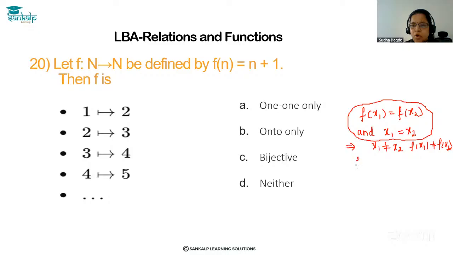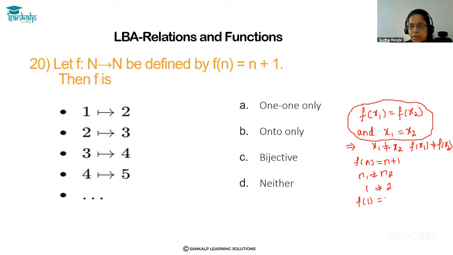Okay. f(n) is defined as f(n) = n + 1. Let me take n1 not equal to n2. So suppose I take 1 not equal to 2. Then you check f(1). If it is not equal to f(2), then that is correct.